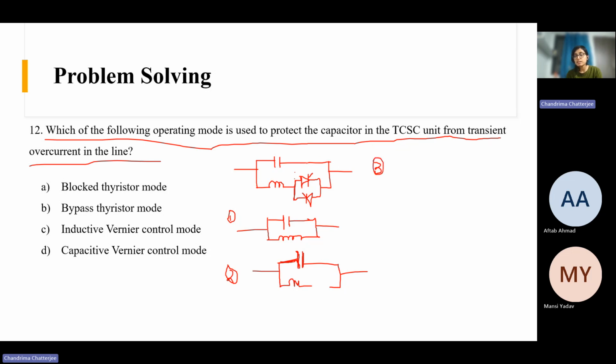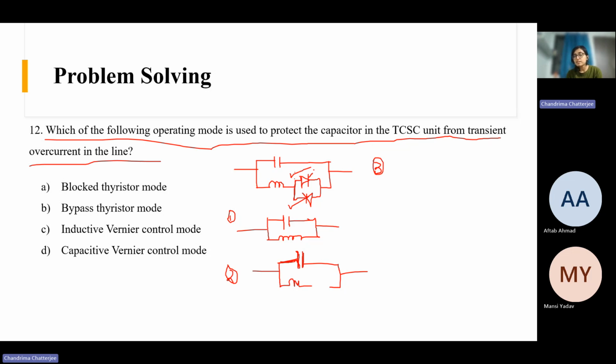The third mode, the Vernier control mode, is when the thyristors are partially on. Actually, the conduction is partial conduction when we are varying the firing angle. That is called the Vernier control mode, and it can be in inductive mode or capacitive mode.